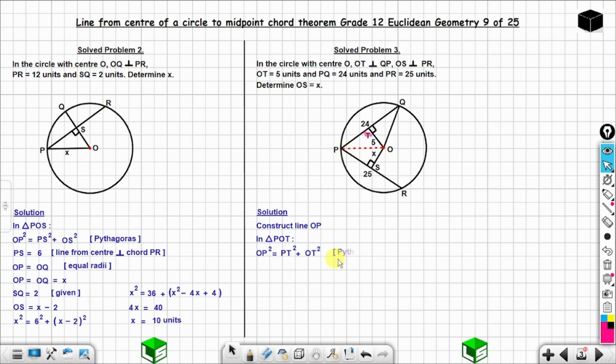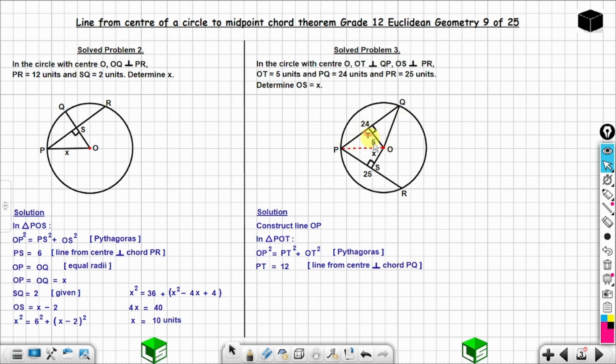PT is equal to 12, because you have a line from the center perpendicular to the chord PQ, and the chord PQ is equal to 24 units. The reason is: line from center perpendicular to chord PQ.